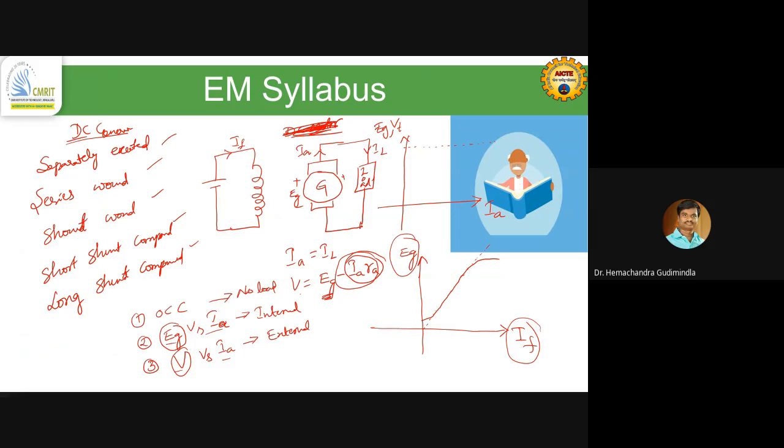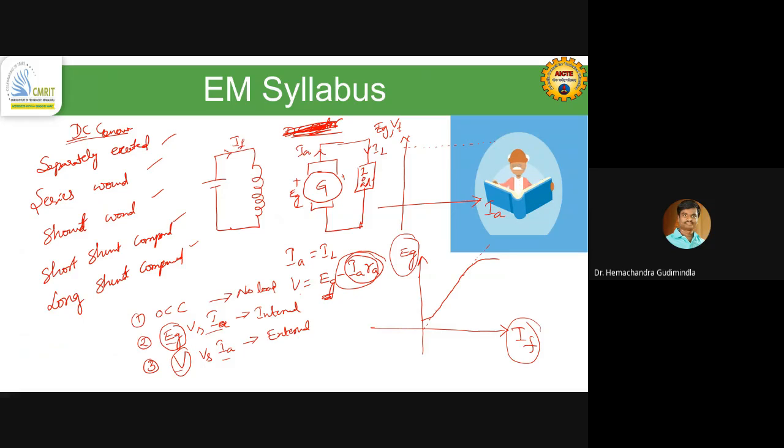The armature is placed at the rotor, which is connected to the brush and commutator setup, and we directly give the supply to the rotor. The current flowing through the rotor generates a magnetic field.